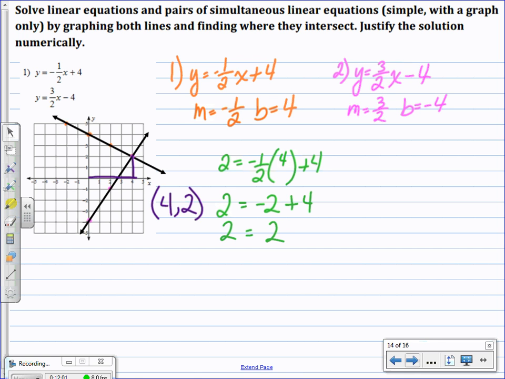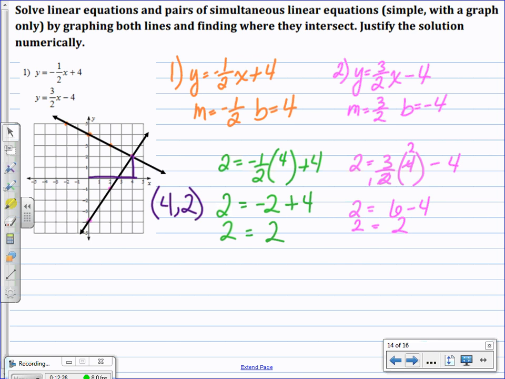Check one more time. y equals 2 again. 3/2 times 4 minus 4. So 3/2, 2 goes into 2 once, 2 goes into 4 2 times. 3 times 2 is 6, minus 4 is 2. So 2 equals 2. So there we go.